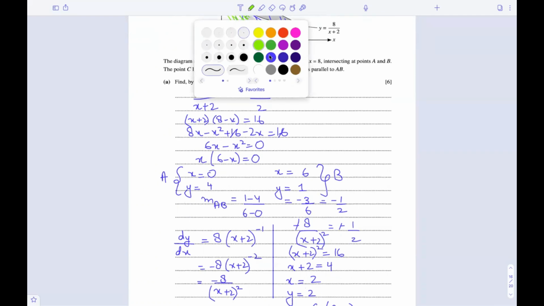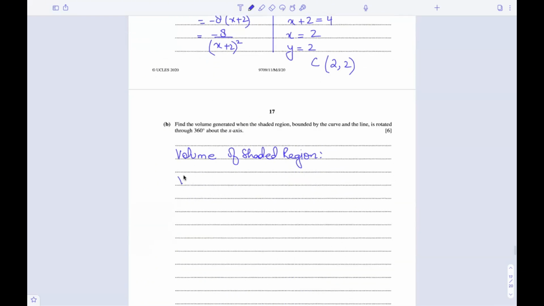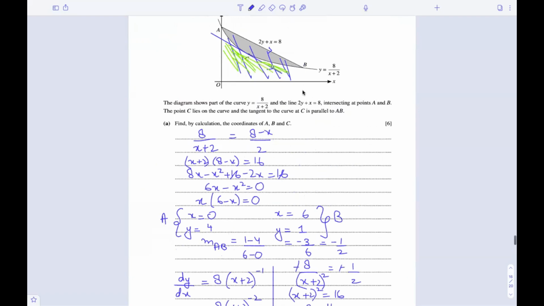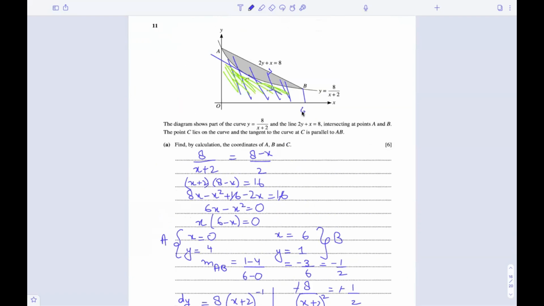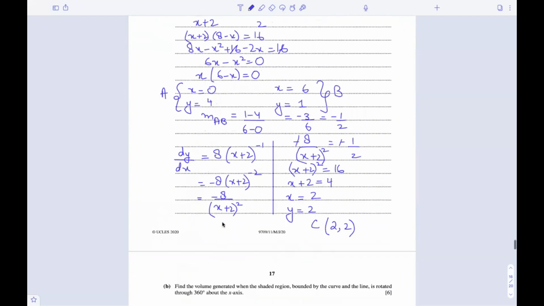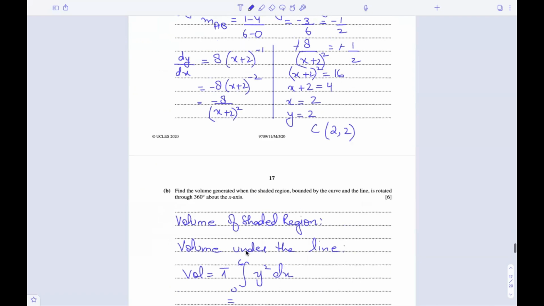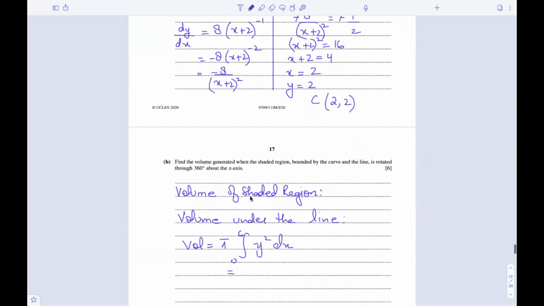So first, finding the volume under the line, we know that to find the volume, we take pi times the square of the function, and the limits are 6 and 0, as the x coordinate of B was 6 and the x coordinate of A is 0. The equation of the line is 8 minus x upon 2.